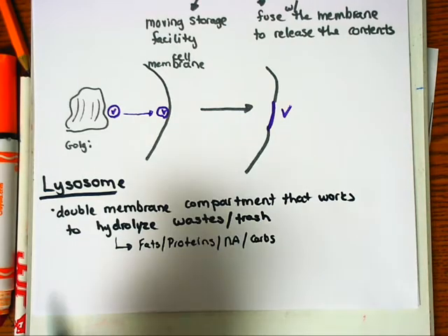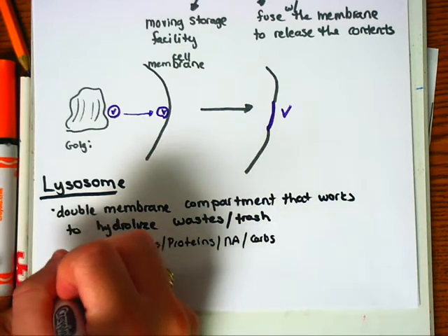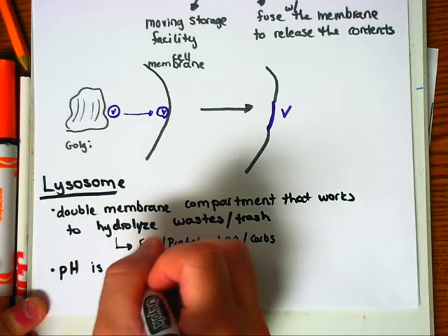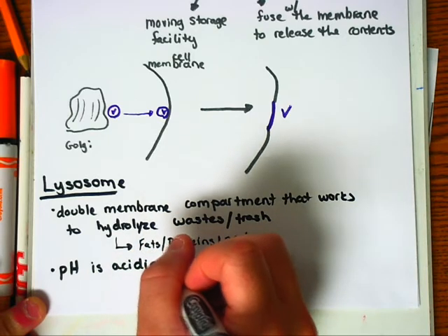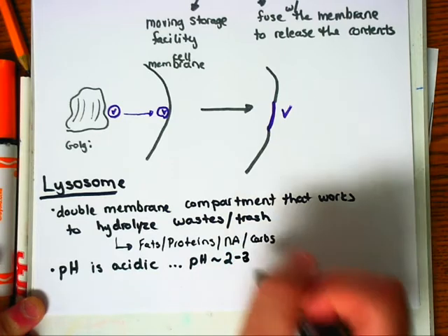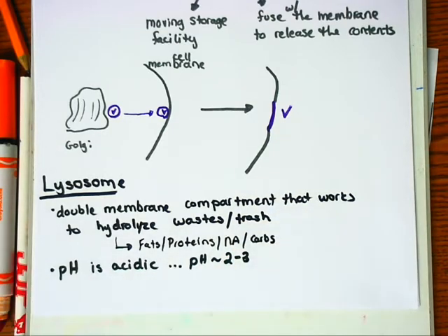Now, a couple of things about this lysosome. First off, it's got a pH that's pretty low. The pH is somewhere in the neighborhood between 2 and 3, I would suspect, which means it's high acidity.